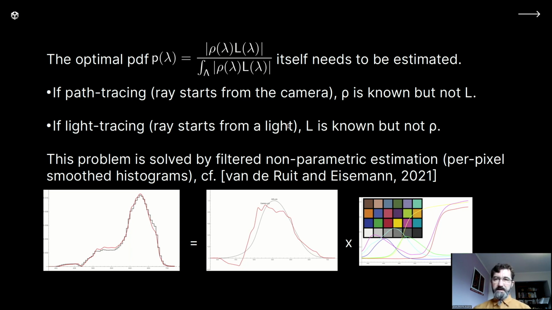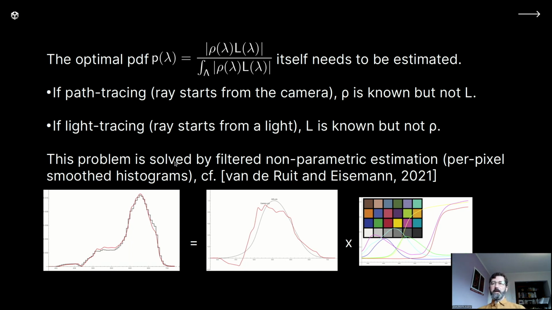And conversely, if we were light tracing, so starting from a light, then L would be known as the emission, but not the camera response, because in this term of camera response, we actually need to propagate what is known as the importance from the sensor down the path to the light. So L is known, but rho is not known in the case of light tracing.